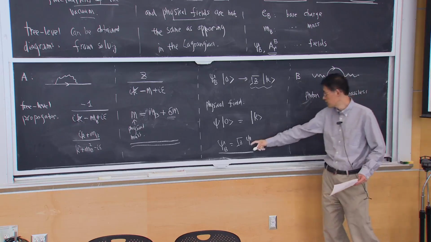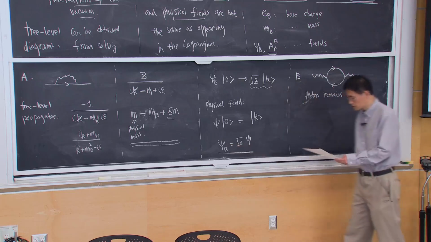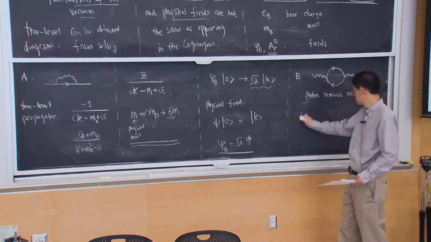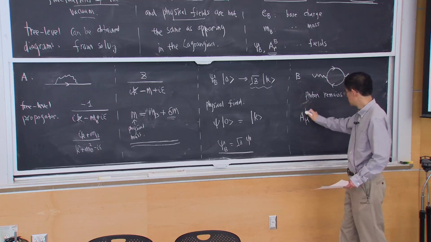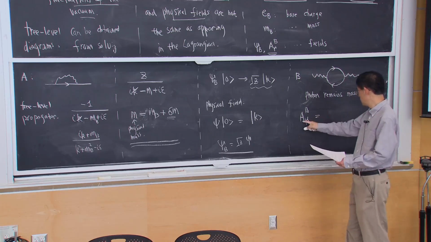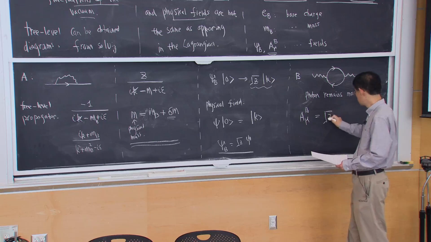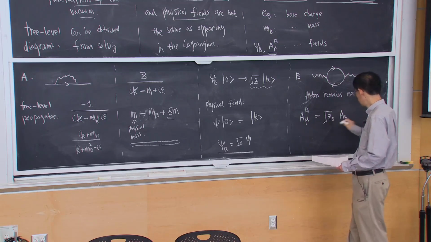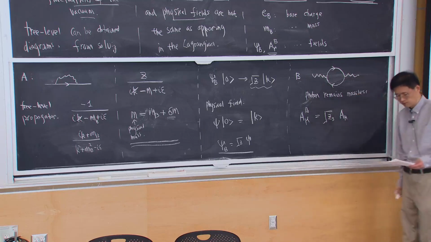But you do have a similar renormalization of the strength of the Maxwell field. So now the bare field is related to your physical field through some factor, normally called Z3.